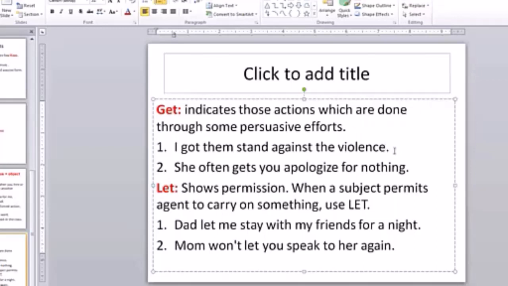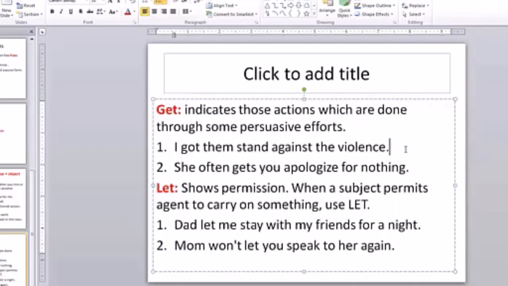Now let's study two examples. I hope they will help you understand the use of get as a causative verb. I got them to stand against the violence. Let's say there were some people committing violence in your city, and none of you was willing to stand against them. But I gave you a lecture, I motivated you, and finally you stood against the violence.